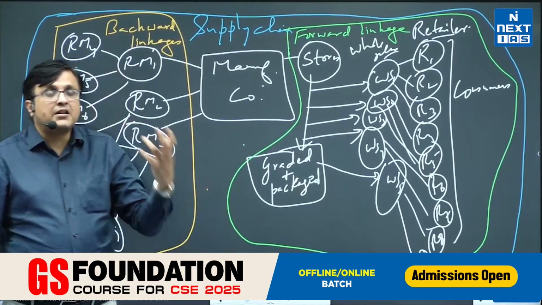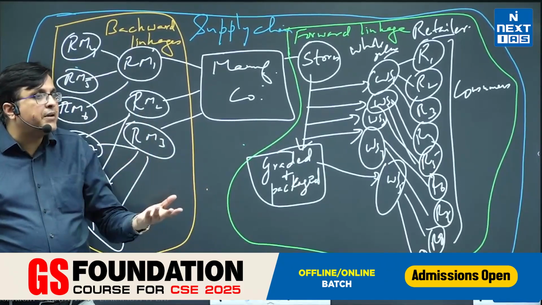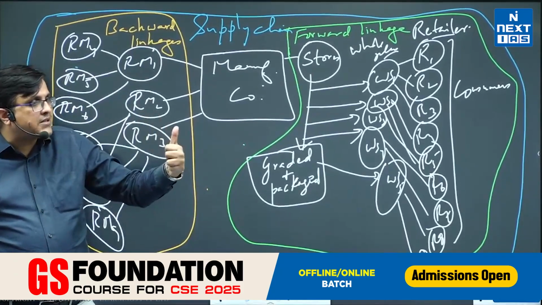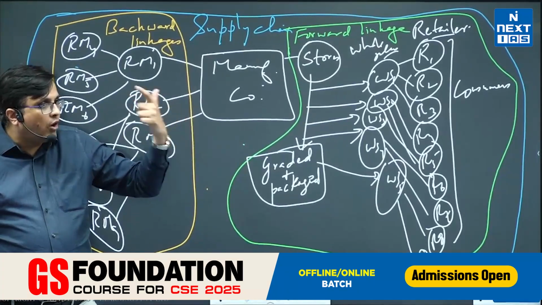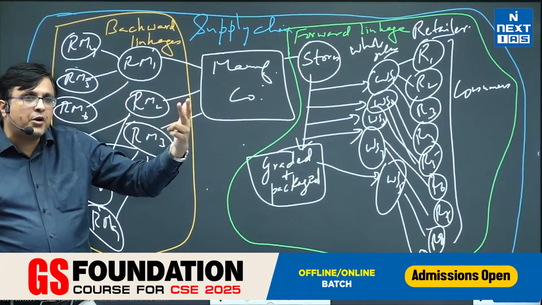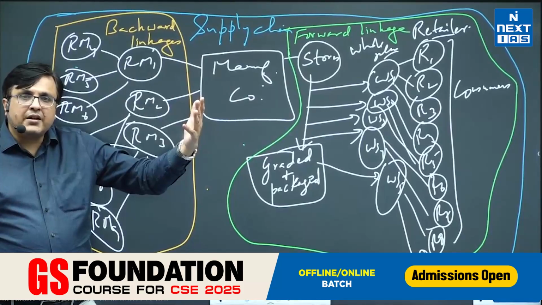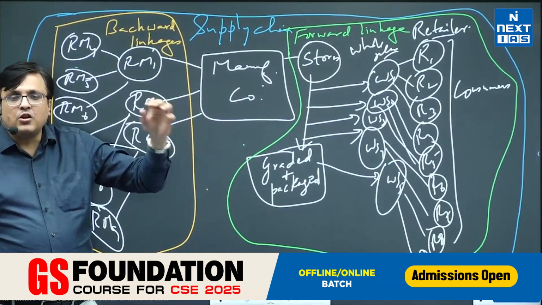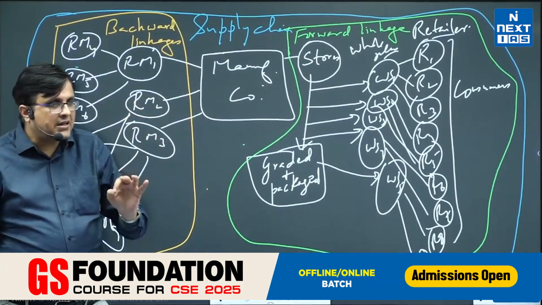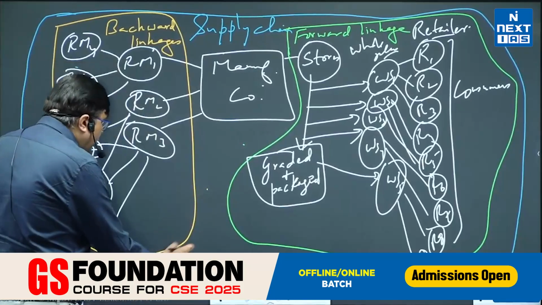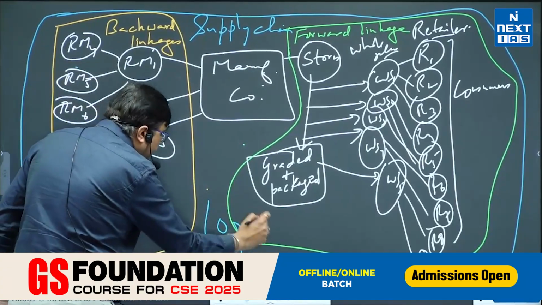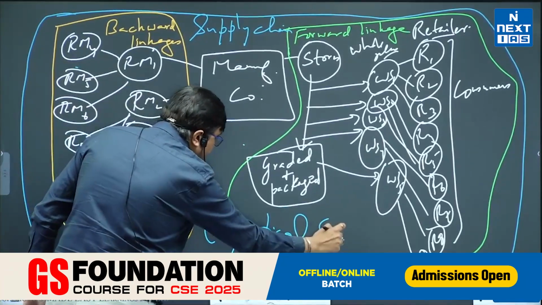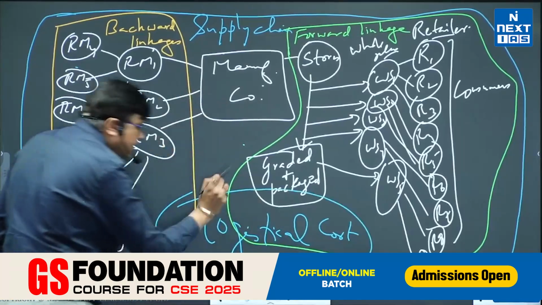The expenditure that a firm will do, a producing company will do on storage capacity, on transportation, on insurance that they will take for their product, on say grading and packaging things. That is called a logistical cost. You understand that? So that is why the focus is always to improve the supply chain so that you can reduce the logistical cost.